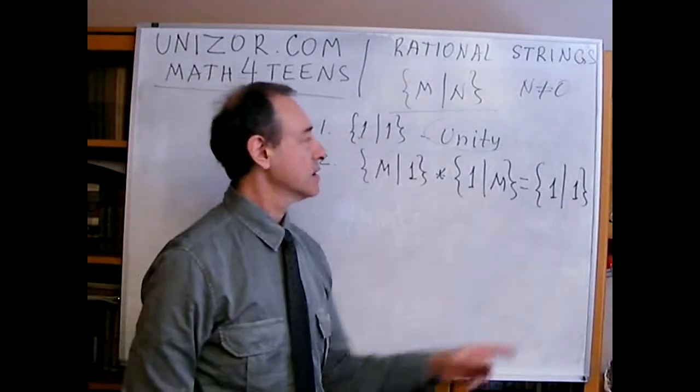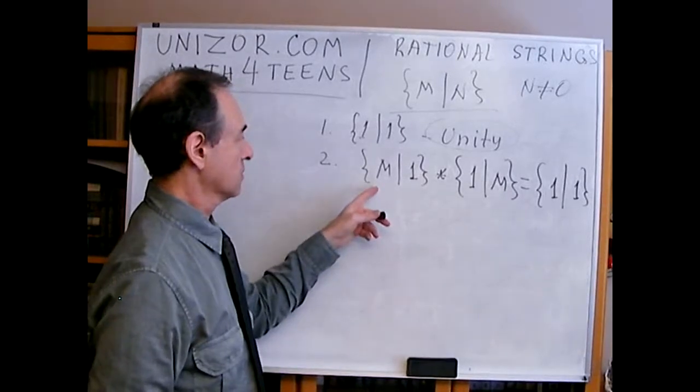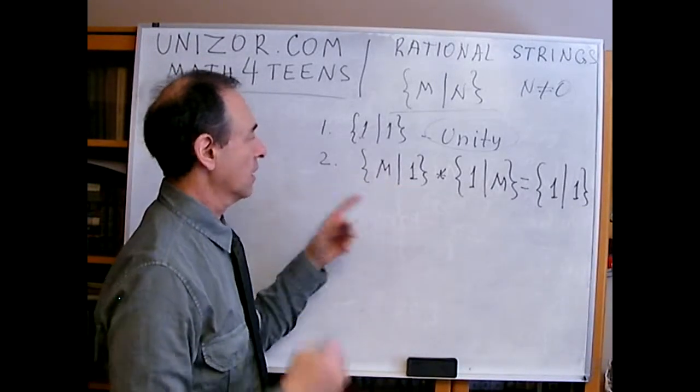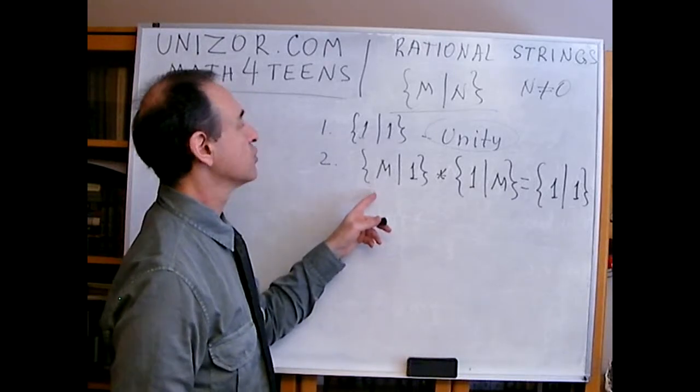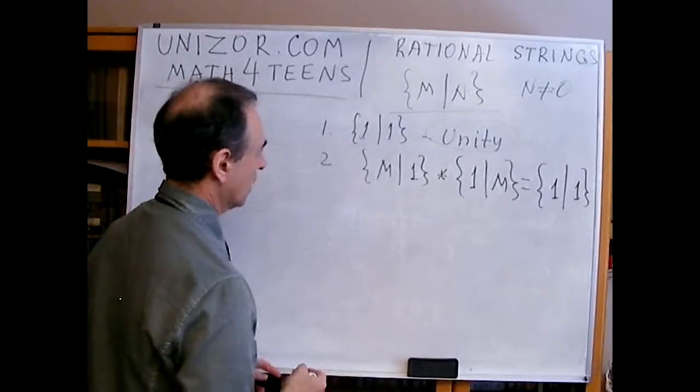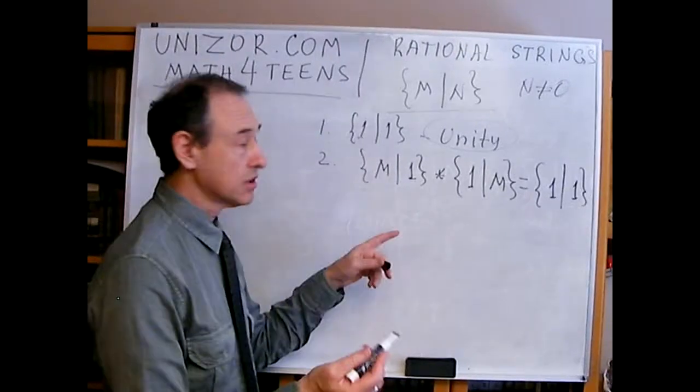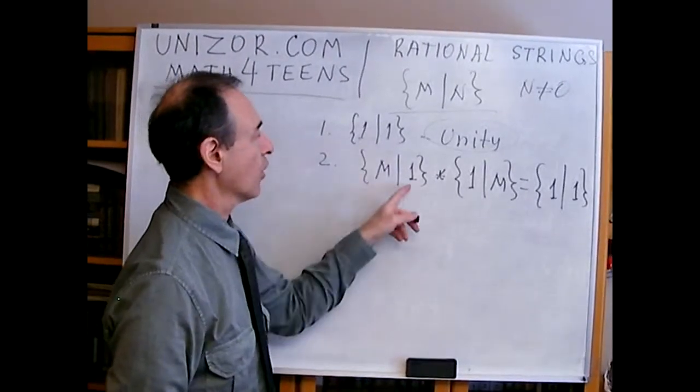What this basically means is, obviously, in the future, an integer 123 will correspond to a pseudo-integer 123 over 1.